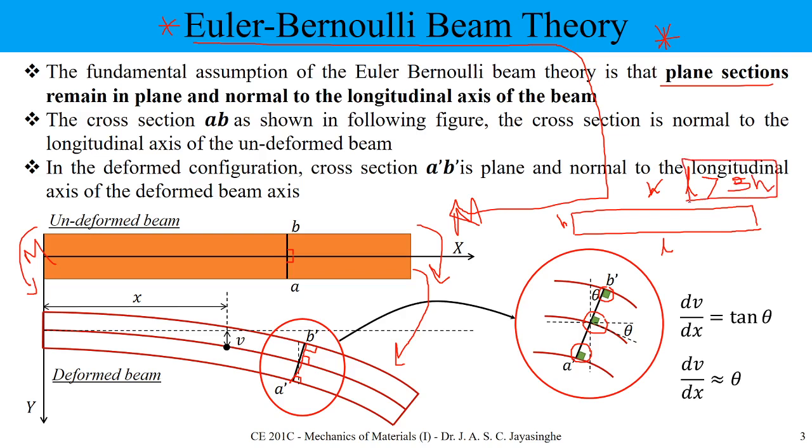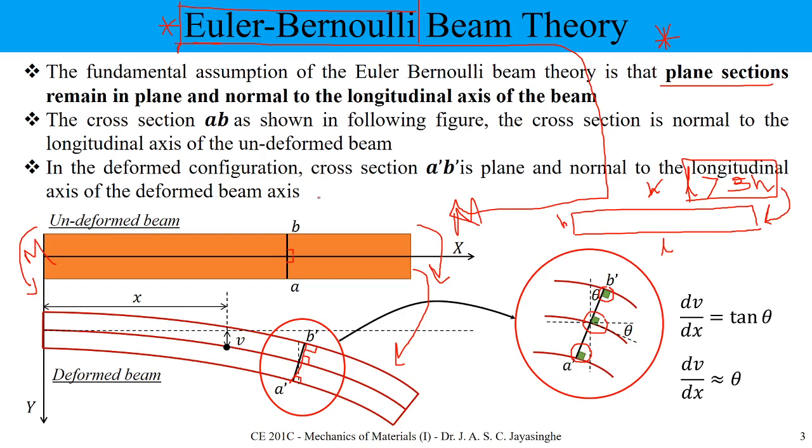Then if we have this kind of arrangement, we can call this a slender beam. So a slender beam we can give another name, that means Euler-Bernoulli beam. This Euler-Bernoulli slender beam is going to deform mainly from bending or flexure effects.